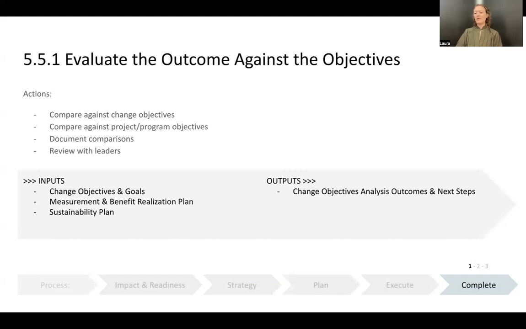Document the outcome of the appropriate comparisons indicating that change efforts met objectives, failed to meet objectives, or exceeded objectives. And lastly, review outcomes with appropriate leaders and stakeholders. Here, your inputs include change objectives and goals, measurement and benefit realization strategy, and the sustainability plan. Your outputs include change objectives, analysis, outcomes, and next steps.